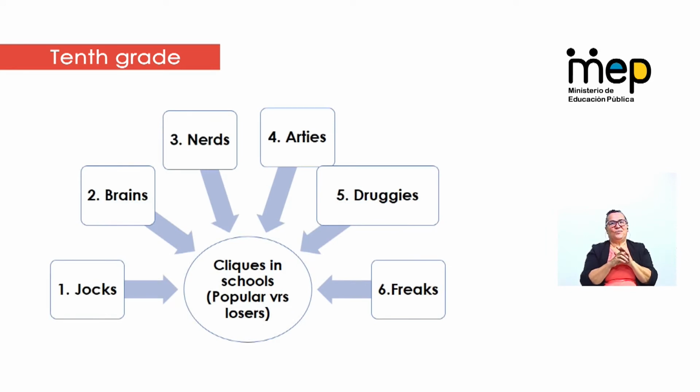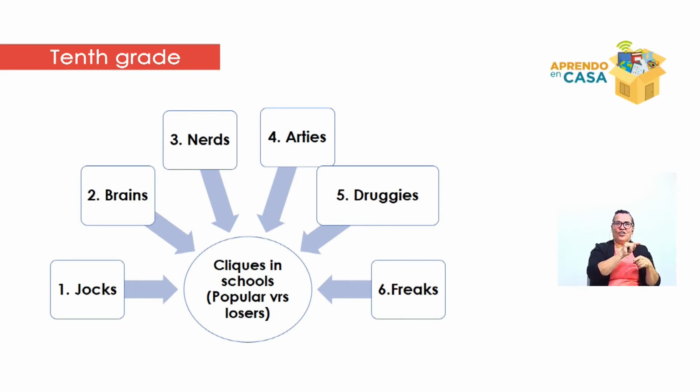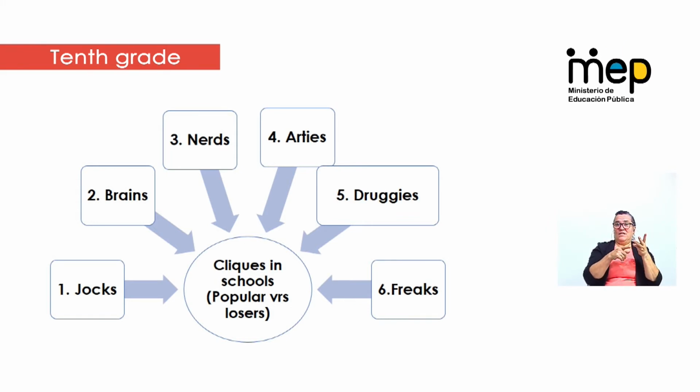Very good. Number 1 was the jocks. Number 2 were the brains. Number 3, the nerds. Number 4, the artists. Number 5, druggies. And number 6, the freaks. Excellent.